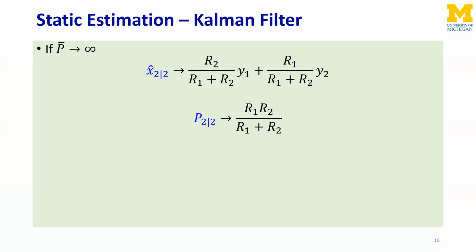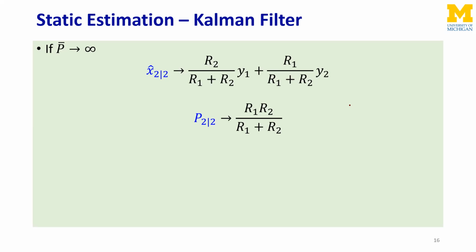So if you look at the x hat 2,2 and the P22 equation carefully, and then you see what happens when p bar goes to infinity. If p bar is a very large value, which means you have 0 confidence in your initial estimate, your x hat 2,2 approaches this value, and the posterior state covariance reaches this value.